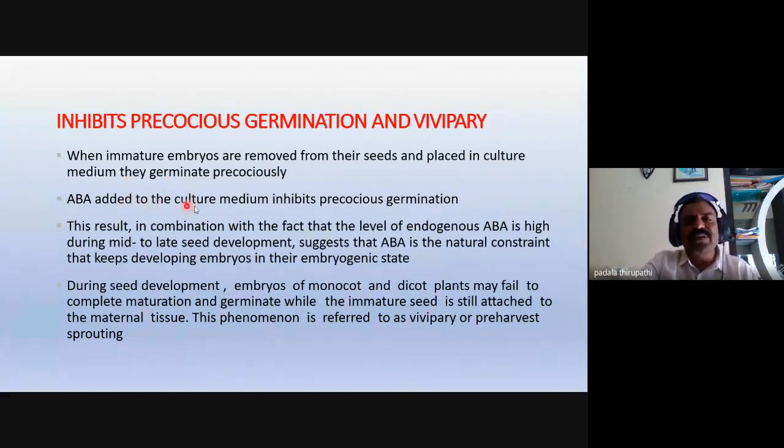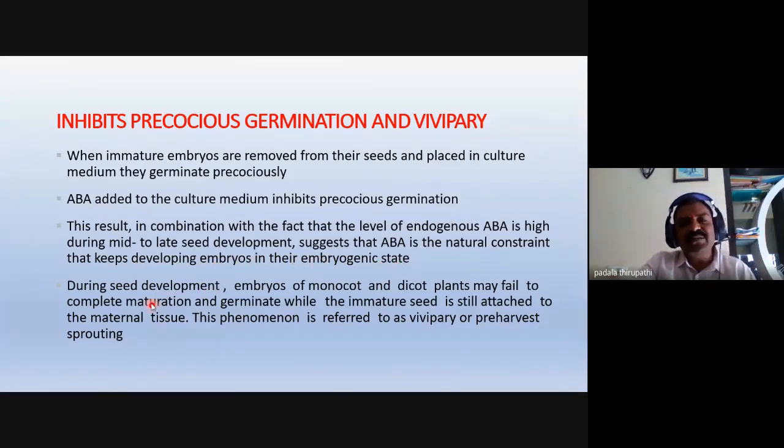When ABA is added to the culture media, it inhibits precocious germination. This result, in combination with the fact that the level of endogenous ABA is high during mid to late seed development, suggests that ABA is the natural constraint that keeps developing embryos in their embryogenic state.